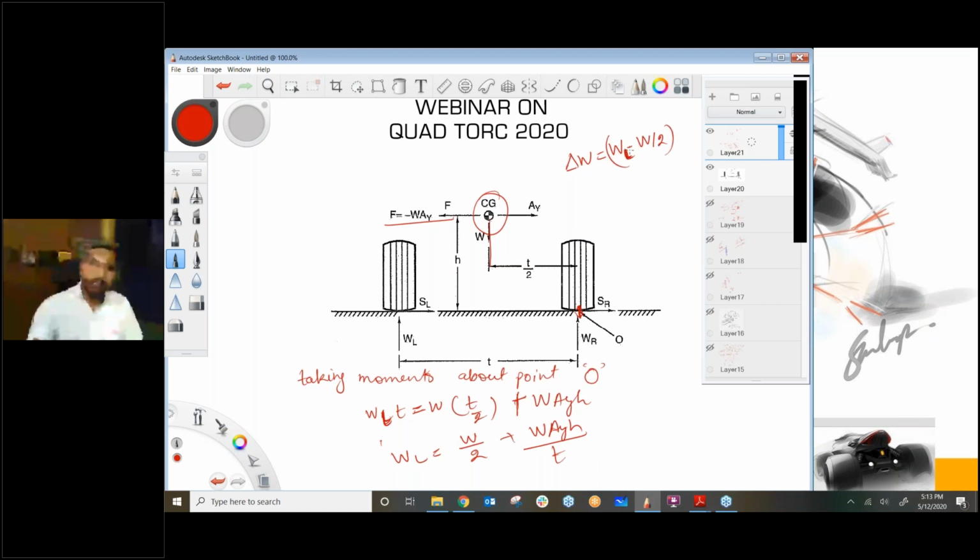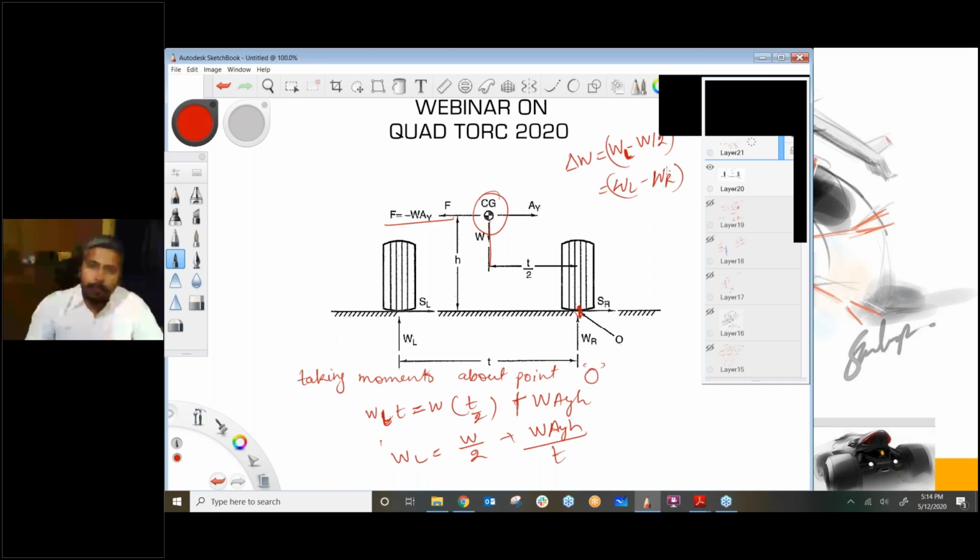This is O. When you see O, just take moments about O. This is the thing which I have observed about O. So take moments about O. Now delta Wx, the change of weight in the forward direction, multiplied by L, total wheelbase, will be equal to H into W ax.